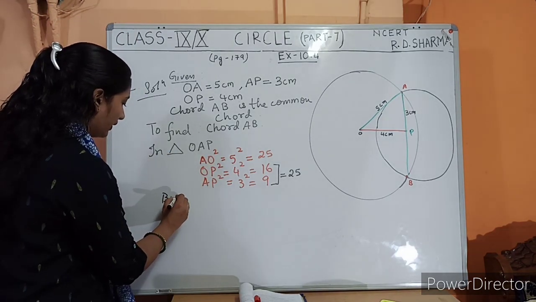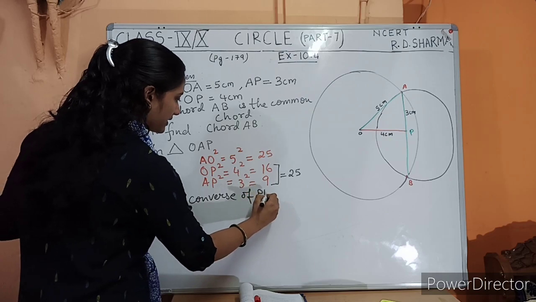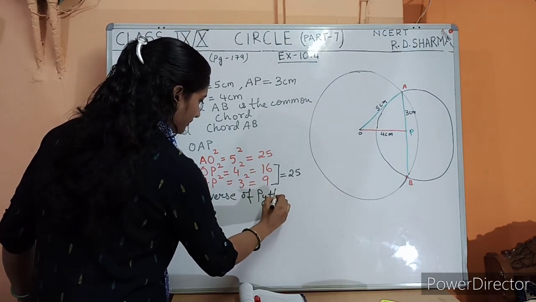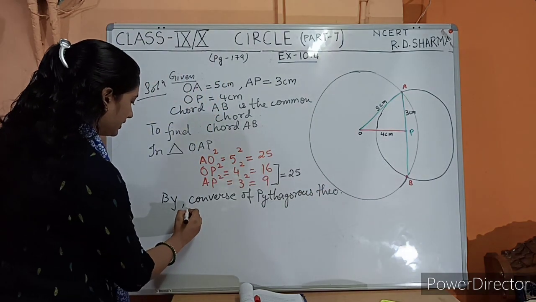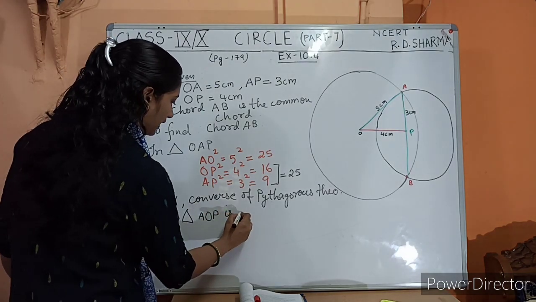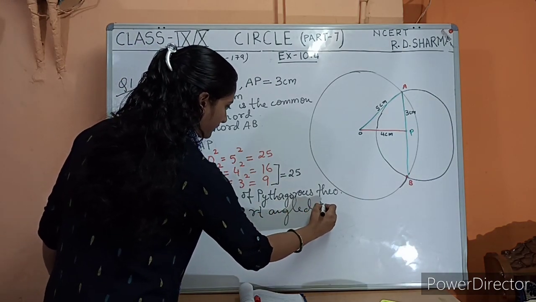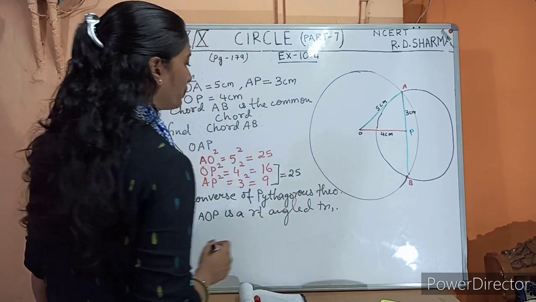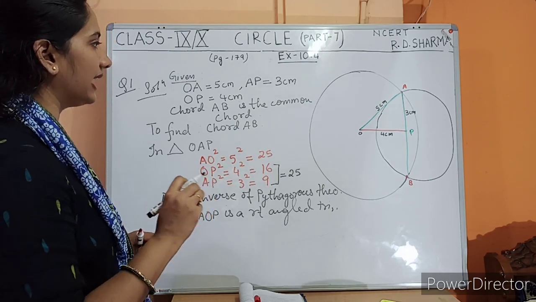What it says, so here we will write: by converse of Pythagoras theorem, we can say that the triangle AOP is a right angled triangle, and the right angle is at which point? At which vertex would the 90 degree be?